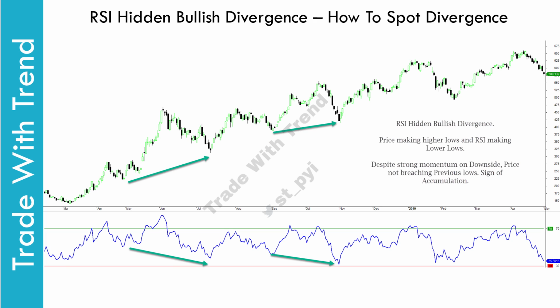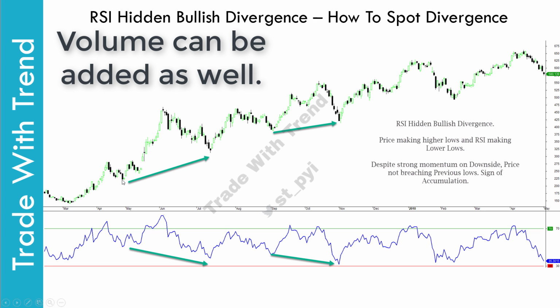If you want, you can add a volume indicator as well. If volume shows a pickup, that would further increase the odds of the hidden bullish divergence signal working in your favor. Suppose I just forgot to add the volume indicator here, but let me try and explain it to you. Suppose you have plotted a volume indicator in this panel.